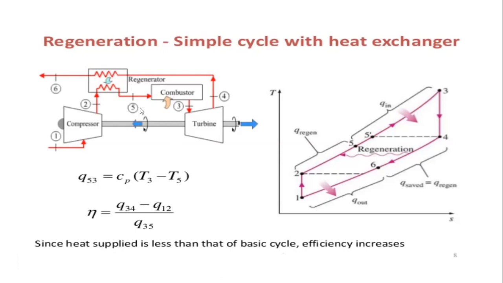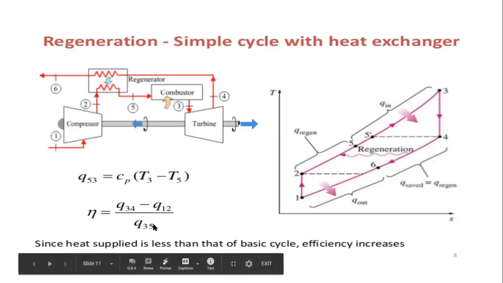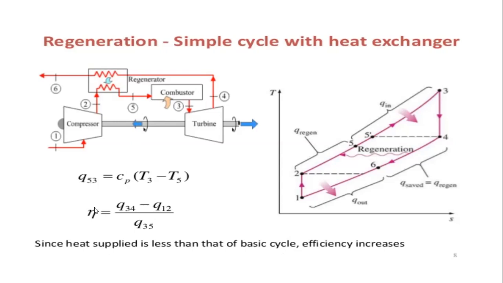Because of the regenerator, the heat supplied reduces to CP (T3 minus T5). It means that the denominator is reduced. Hence the efficiency is improved.